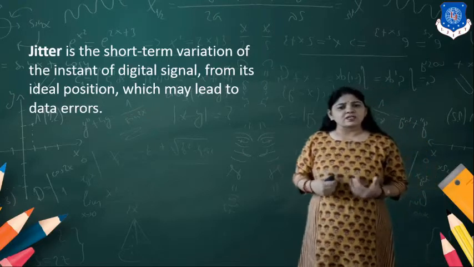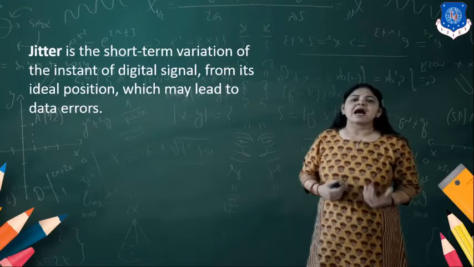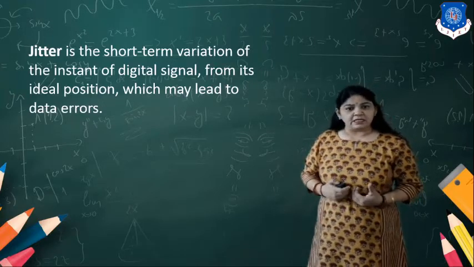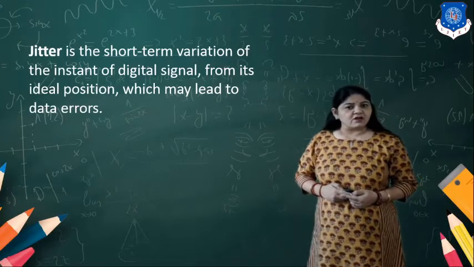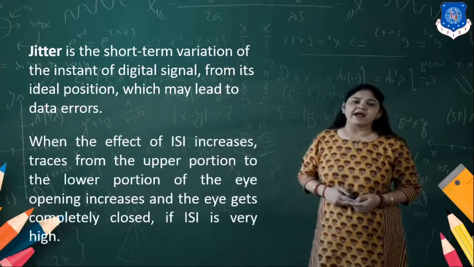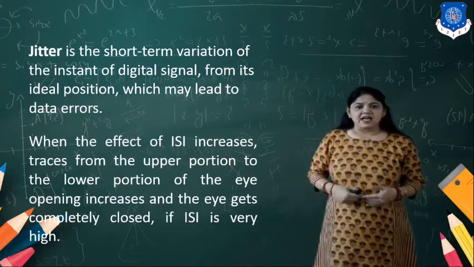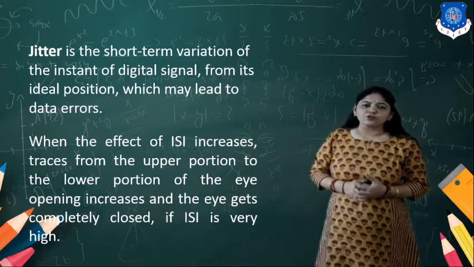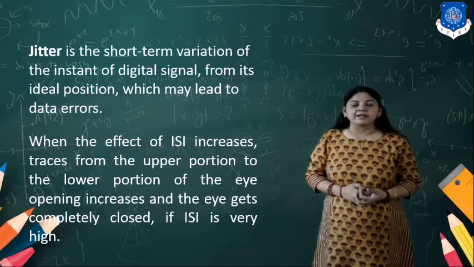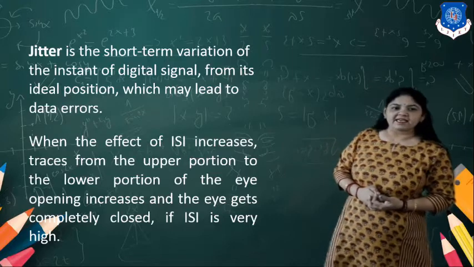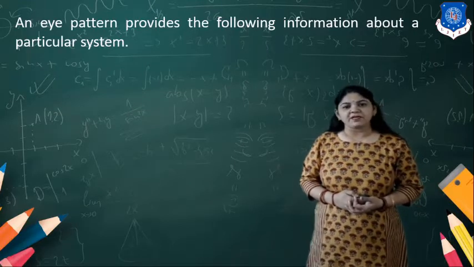It is the small short-term variation of the instant of the digital signal from its ideal position, which may lead to data errors. So there is variation in the digital signal and due to that data errors come, so the effect of ISI increases, and the traces from the upper portion to the lower portion of the eye opening increase, and the eye gets completely closed if ISI is very high.